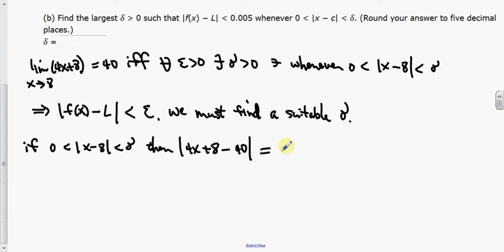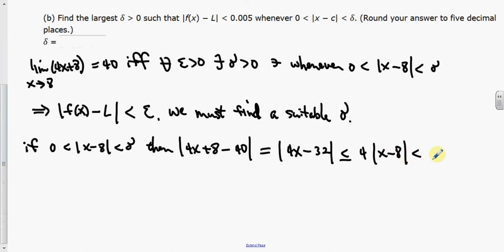Simplify that. This is equal to the absolute value of 4x − 32. Now, this is less than or equal to, factor out the 4, 4 times the absolute value of x − 8.